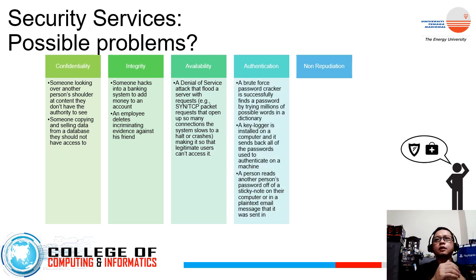Authentication means that your control mechanism to ensure that the correct people use their information fails, because people can bypass it, perhaps through a brute force attack or using a keylogger to get the password, or they get the password because someone does not protect it very well.